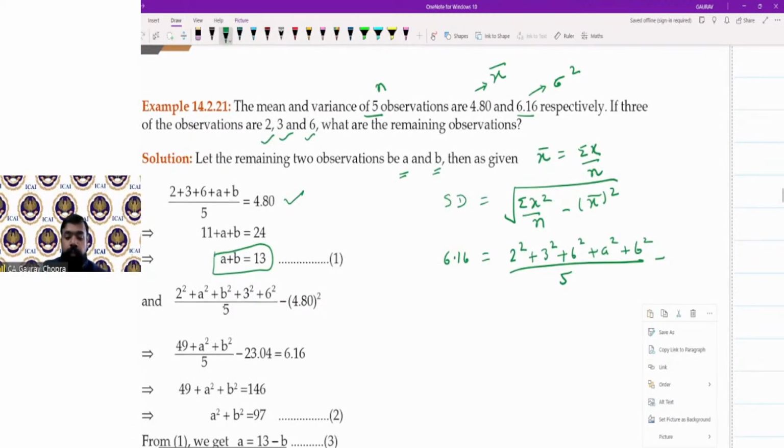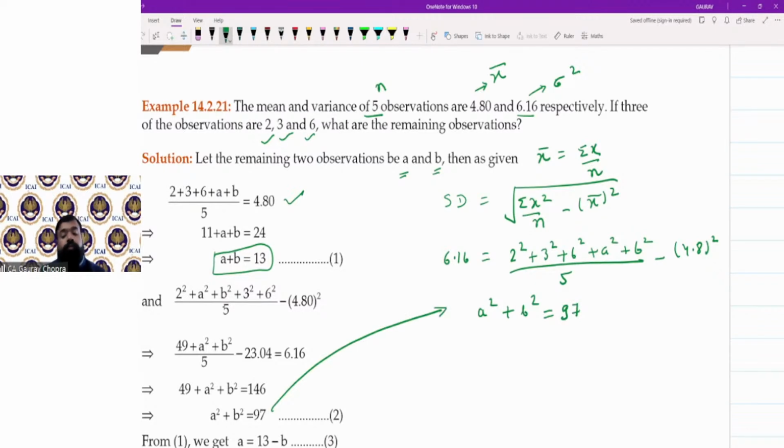X bar is 4.8, so 4.8 square. Now we can simplify this and form the equation. On simplifying, we get the equation A square plus B square equal to 97. So we have the first equation and this is the second equation. By solving 1 and 2, you will get the answer.